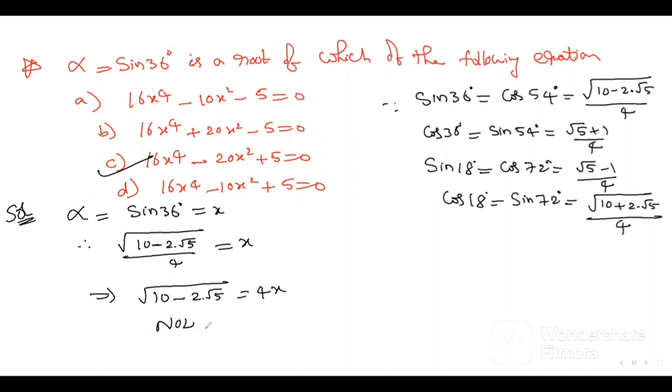Okay, now squaring on both sides. What we get here? Root gets cancelled. 10 minus 2 root 5 is equal to 4x whole square. 4x whole square will become 16x square.